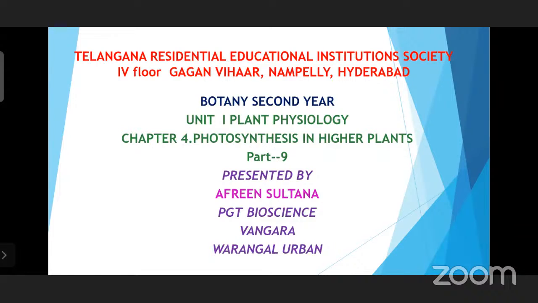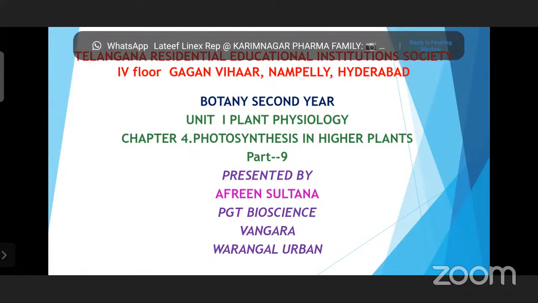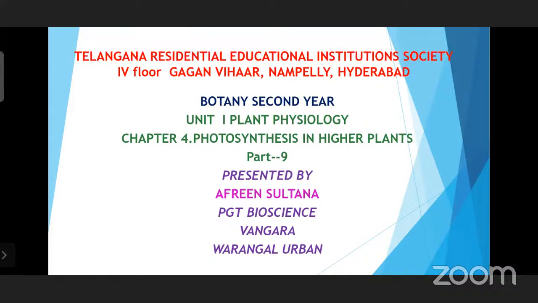And further, the end products of the light reaction: oxygen is liberated, whereas ATP and NADPH are utilized in the dark reaction or biosynthetic phase, which was discovered by Melvin Calvin, and the cycle is named after him as the Calvin cycle. In this manner, you proceeded to the next stage, photorespiration.